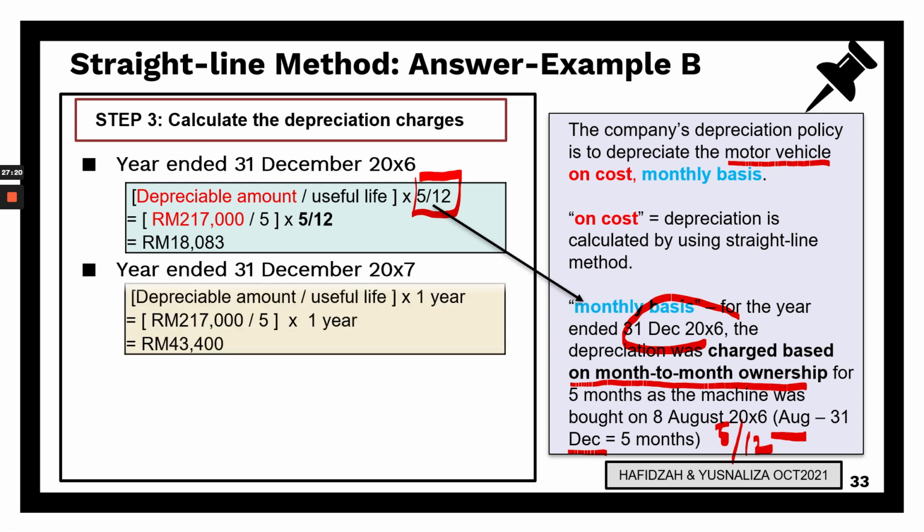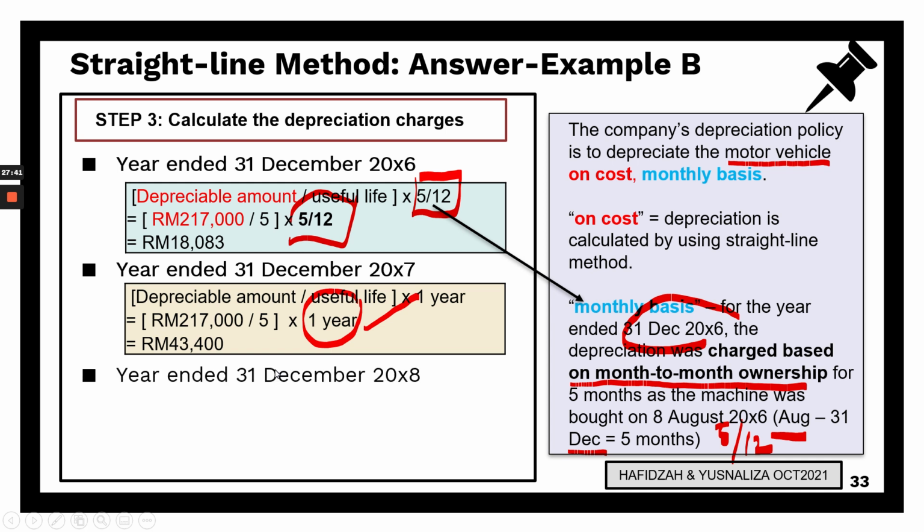However, in the year that follows, the following year, 2007, it will be charged the full year. First year, you will have the proportion, but in the second year, it will be the full year depreciation, because it has been with the company more than a year already, right?